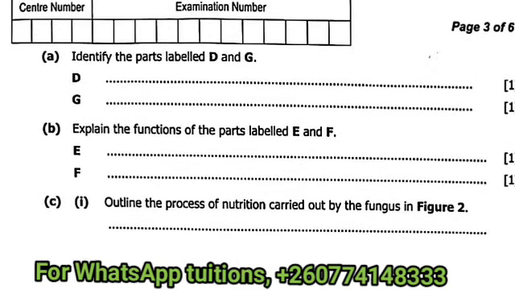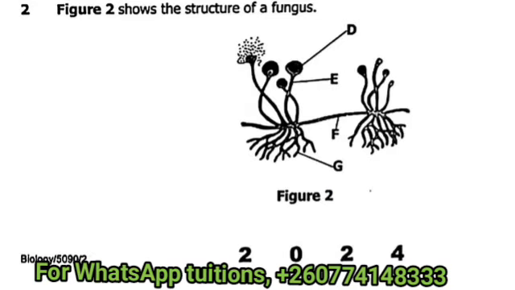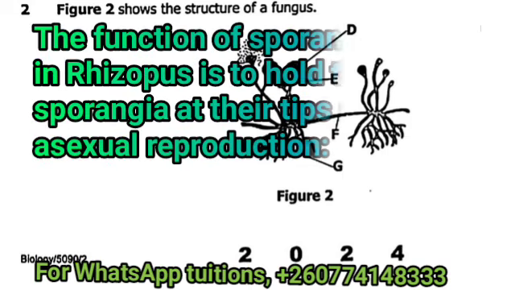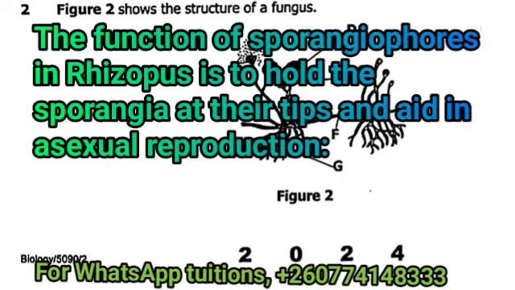B, they are saying explain the functions of the parts labeled E and F. E simply puts the sporangium at the apex. In short, the sporangiophore supports the sporangium. How about F?